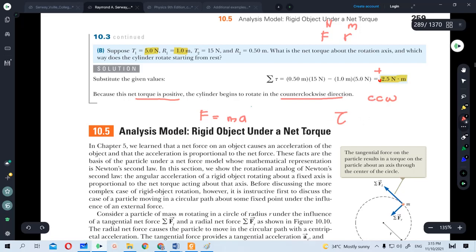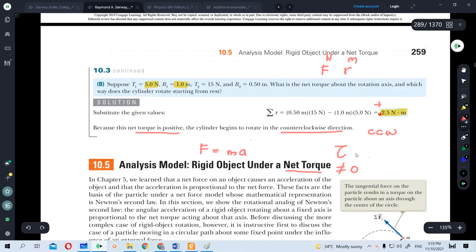So when you have a value of a net torque, meaning the net torque is not zero, you find as well the object will accelerate, however, in a circular motion.